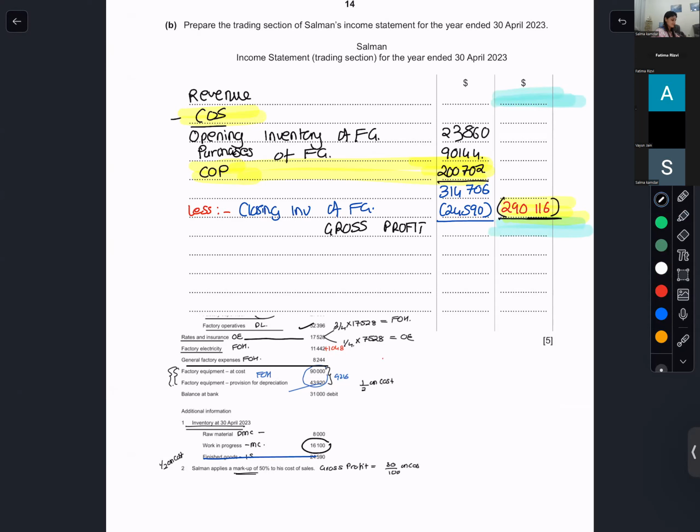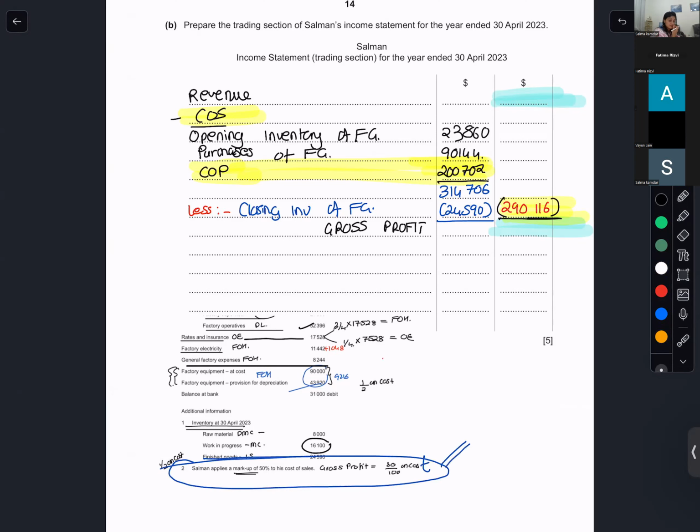Revenue minus cost of sales gives me gross profit. Do I have the gross profit? No. Do I have revenue? No. I don't have revenue, but I have some information given to me over gross profit.